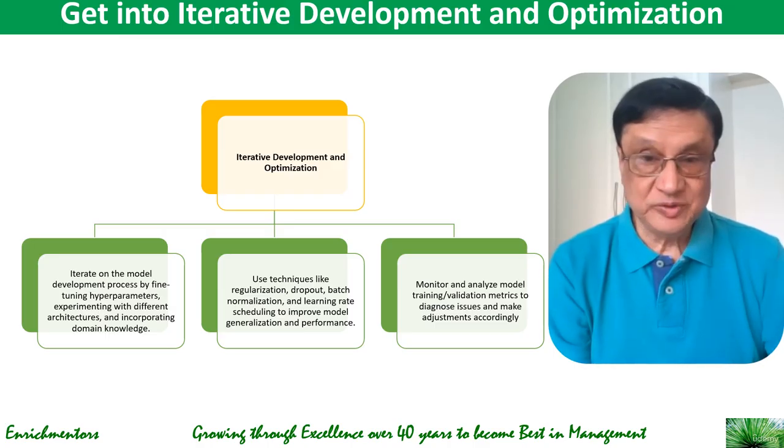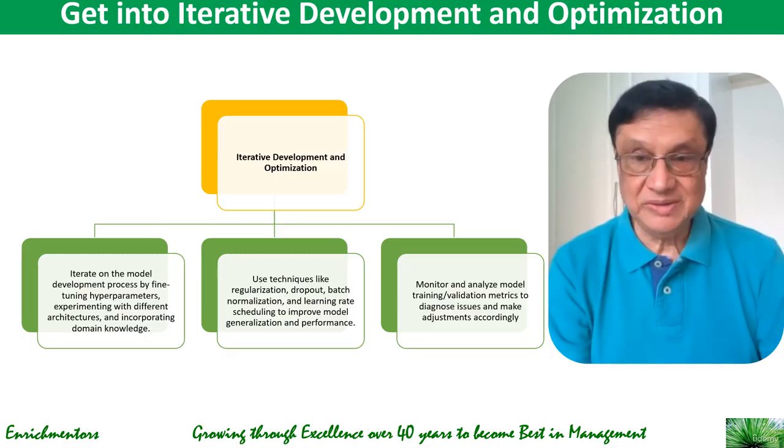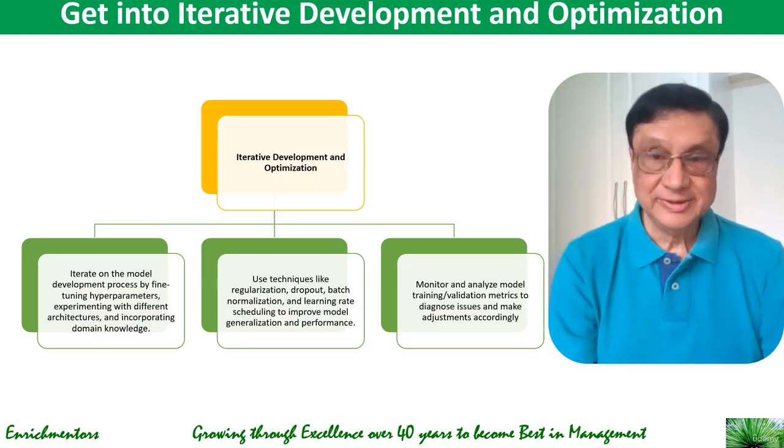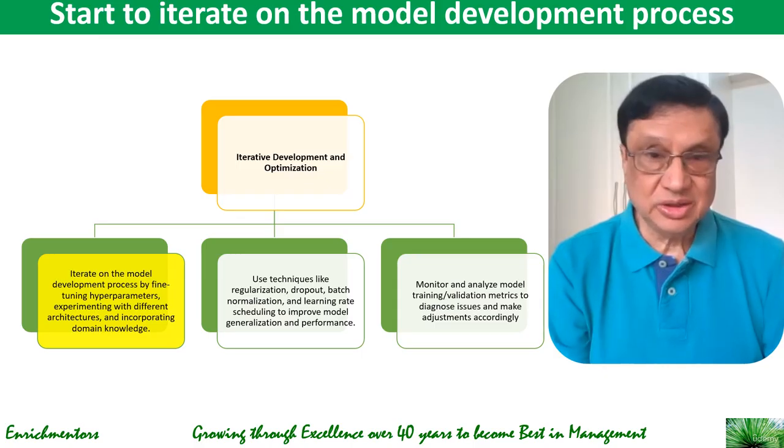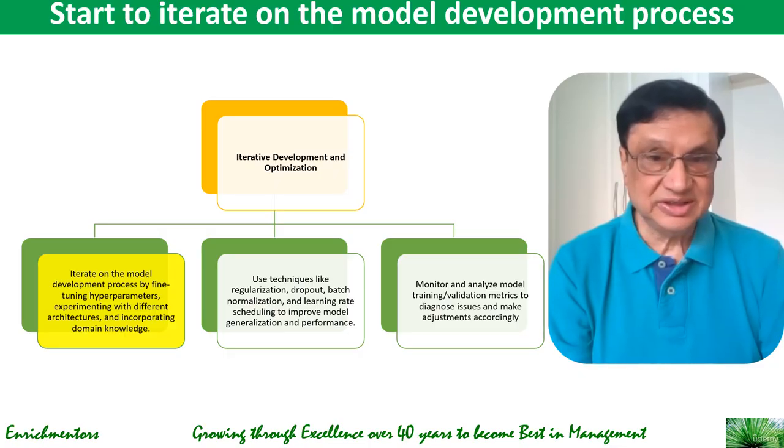And in doing that, you need to know the techniques like regularization we talked about, dropouts, batch normalization, learning rate scheduling that can improve model generalization and performance, and finally monitor and analyze model training and validation metrics to diagnose issues as you go forward and make adjustments accordingly. So let us start to iterate on the model development process by fine tuning the hyperparameters, etc.